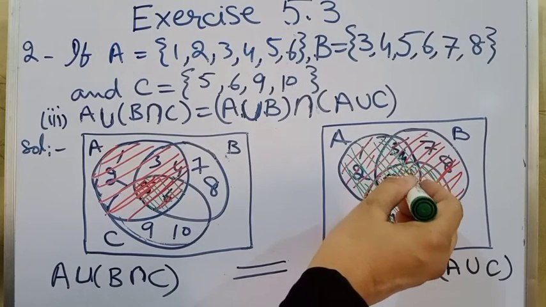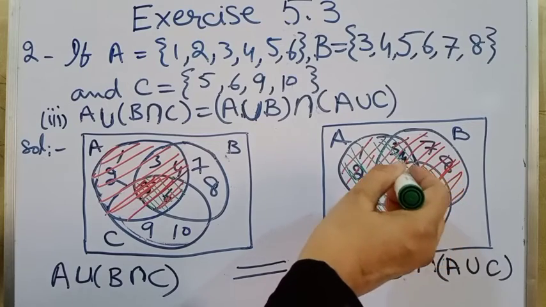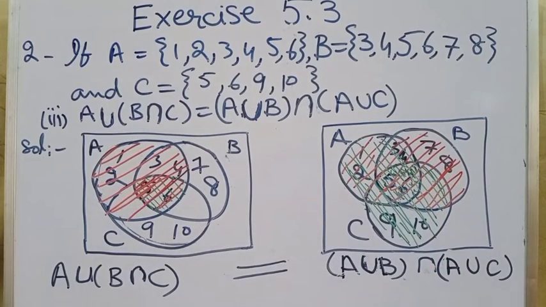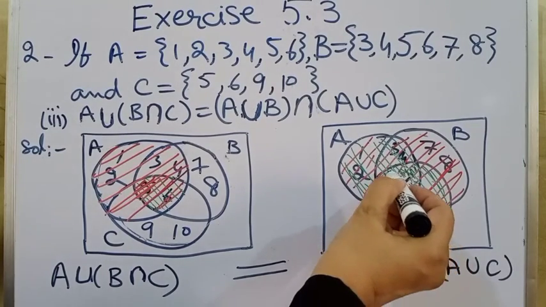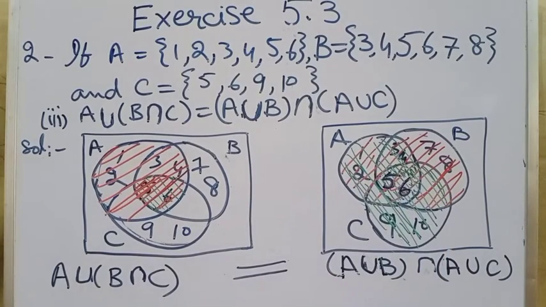We shade it dark, and we observe that elements 5, 6 are both in common in these two diagrams. So A union B intersection C is equal to A union B intersection A union C.